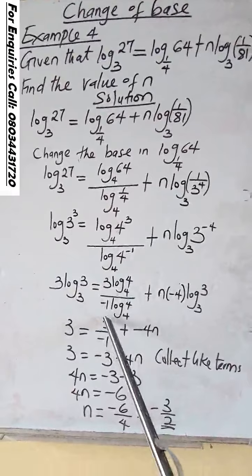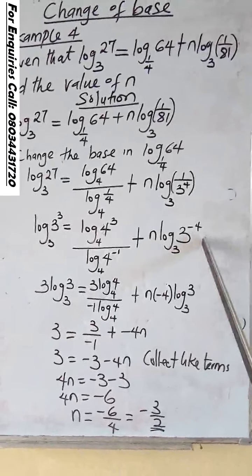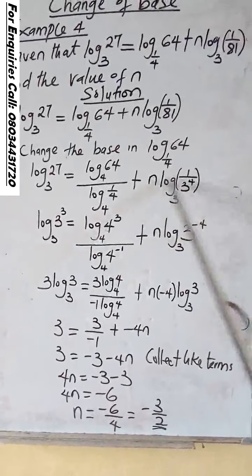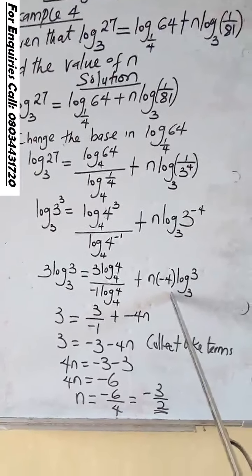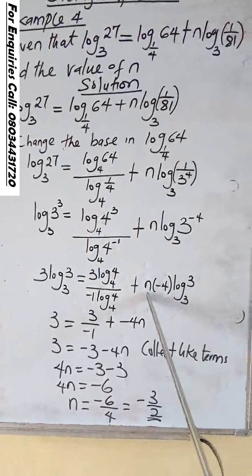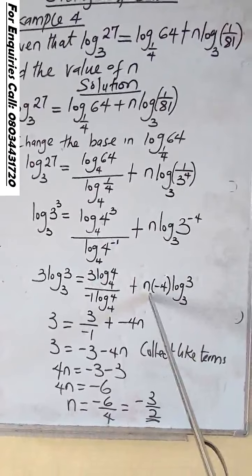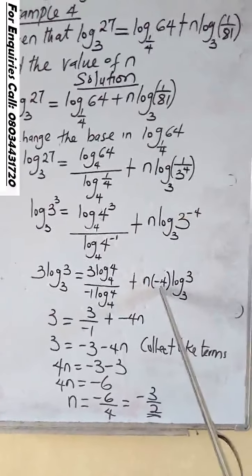You have minus 1 log 4 base 4. And the power here is minus 4, it will go to the front of the logarithm. It will be minus 4. Remember, at the front of the logarithm here, we have n, and that n is what we are looking for. So the n will remain there. Minus 4 will go there and meet the n.